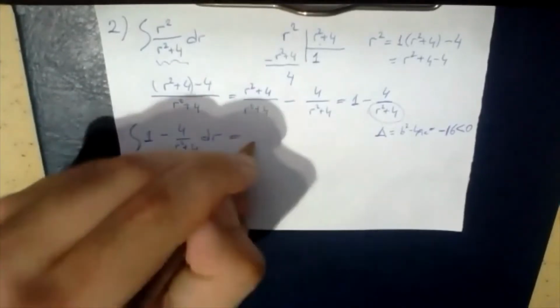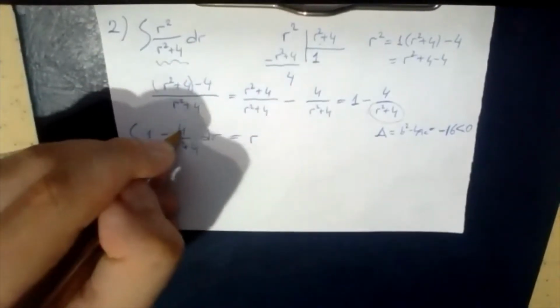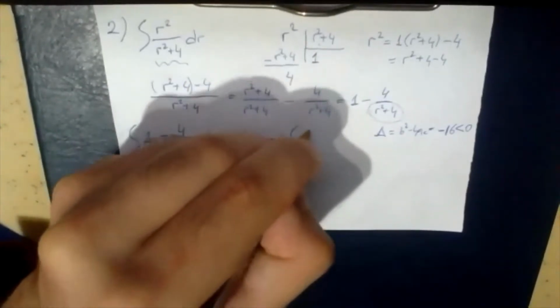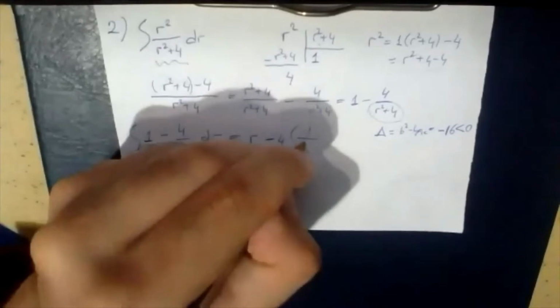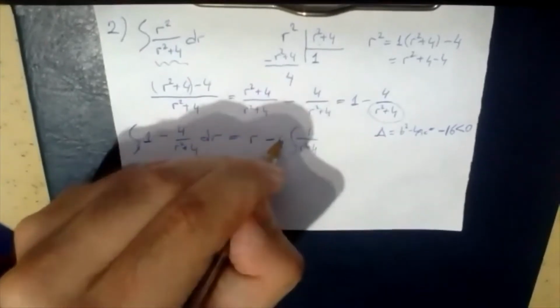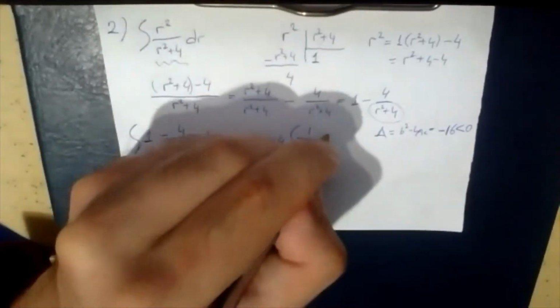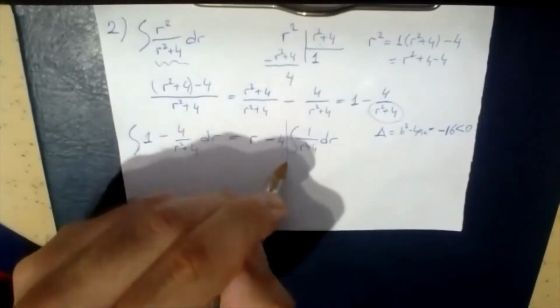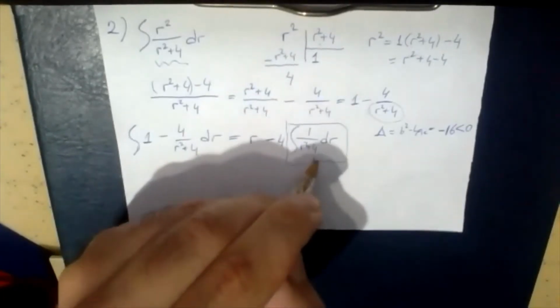The integral of 1 is r, minus 4 times the integral of this part, the integral of 1 over r squared plus 4. I can take this constant outside. Next, how can we solve this integral?